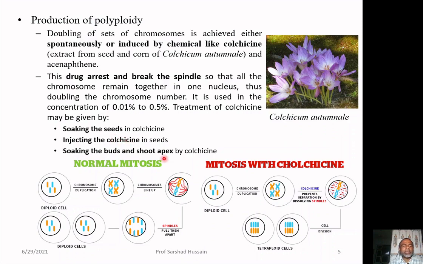Then the resulting cells coming from the seed, the buds or the apex will all be polyploid. That means the mitotic apparatus will not be formed in the colchicine treated seeds, buds and apex. As a result, the resulting cell will have double the number of chromosomes as compared to the parent cell.